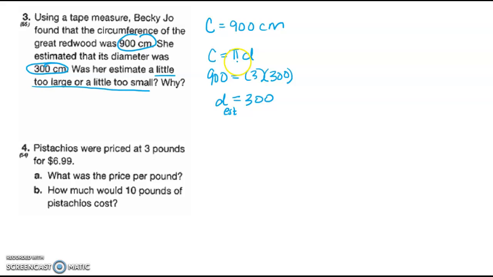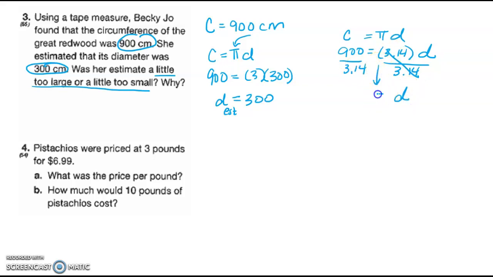What we're going to do is we're going to plug in 3.14 for pi. So I have 900 for my circumference. I'm going to plug in 3.14 for pi, and I'm going to find my diameter. So I'm going to divide by 3.14. So this is going to cancel. My diameter comes down. My equals comes down. 900 divided by 3.14 is 286 and some change, 6.624, blah, blah, blah.